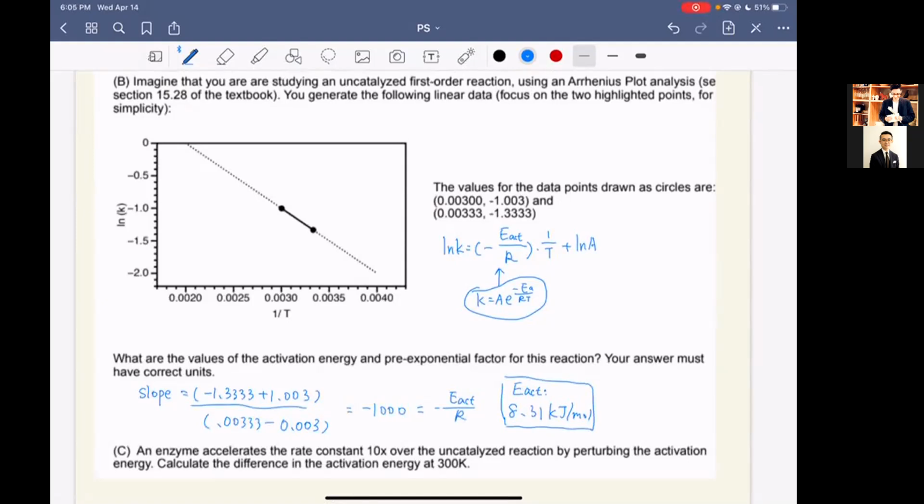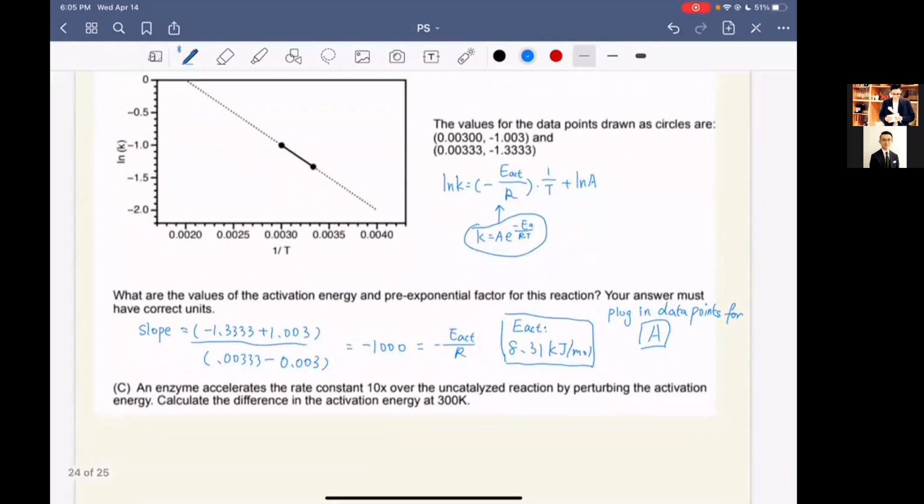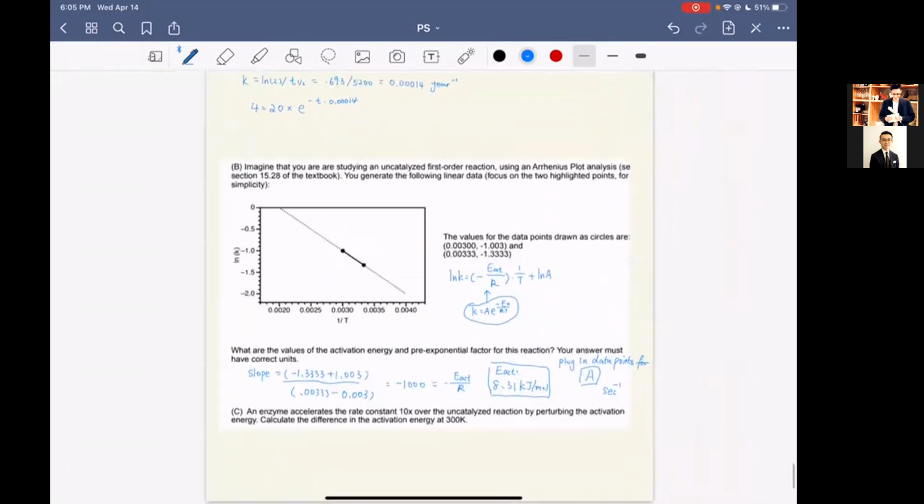Now that we know the gas constant, the activation energy, the temperature, and k, you can just plug in the data points, and that's going to give you the pre-exponential factor A. The unit for the pre-exponential factor should be the same as the rate constant, which is per second. And that's 2b. Are there any questions?